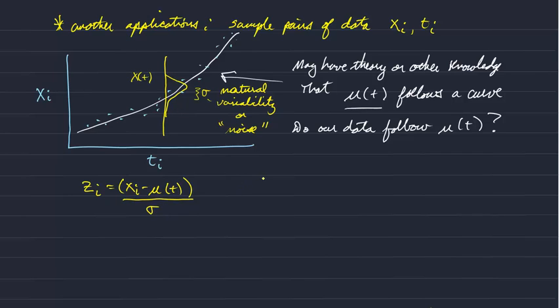So if we take the sum of all our normalized deviations over all of our points, then, if this noise is Gaussian, is normal, that sum will be a chi-squared distribution of n minus 1.